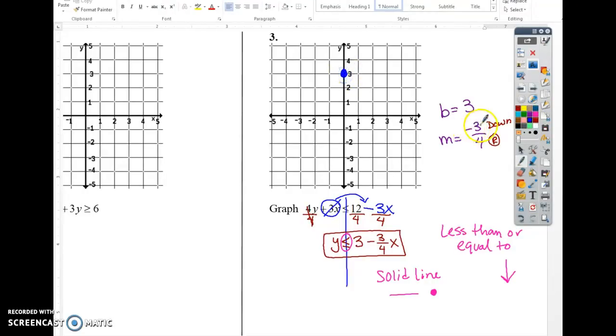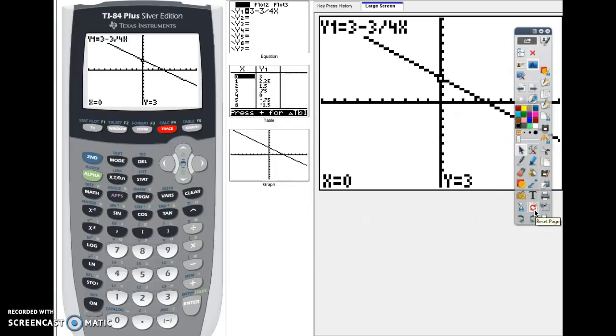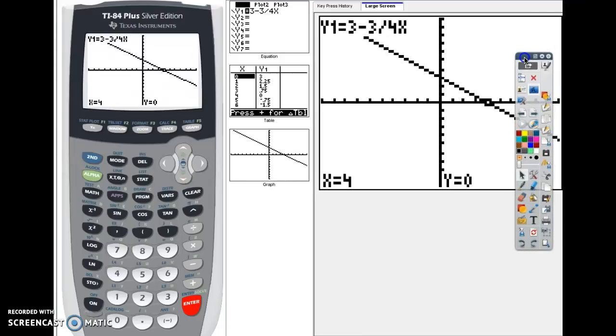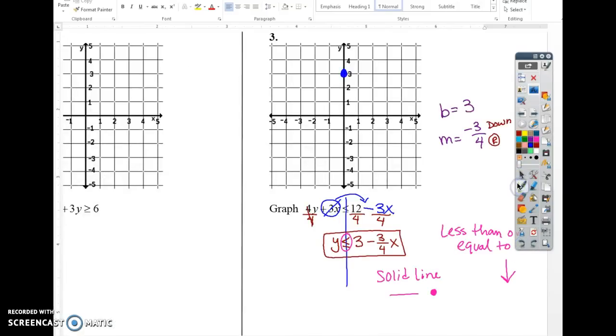Okay, and then I told you that we're going to go down 3/4 because if we keep looking for the points on the calculator, 1 enter doesn't work, 2 enter doesn't work, 3 enter doesn't work, 4 enter does work. And it's right here. Look at it. It's at 4, 0, so let's plot that point. So 4, 0 is right here.